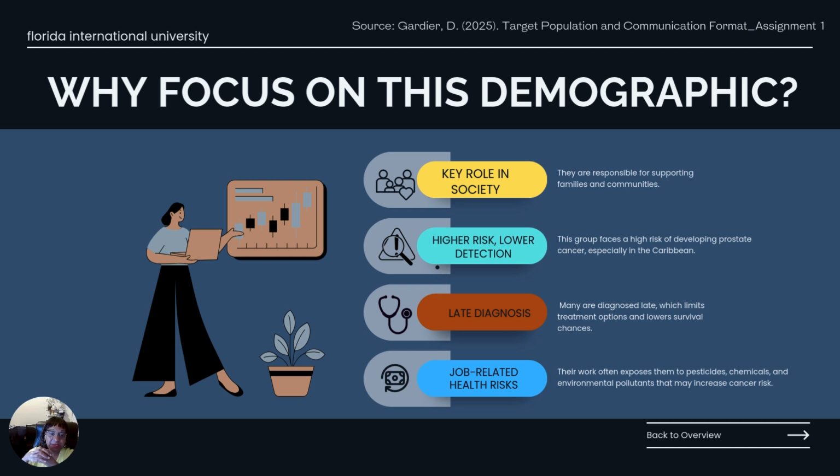Then there is the late diagnosis which results from that. So many of them, when they do go to the doctor, it's usually towards the end stage, when they're so ill that they have no choice but to seek help. They are diagnosed late, which limits their treatment options, and it lowers, excuse me, their survival chances.